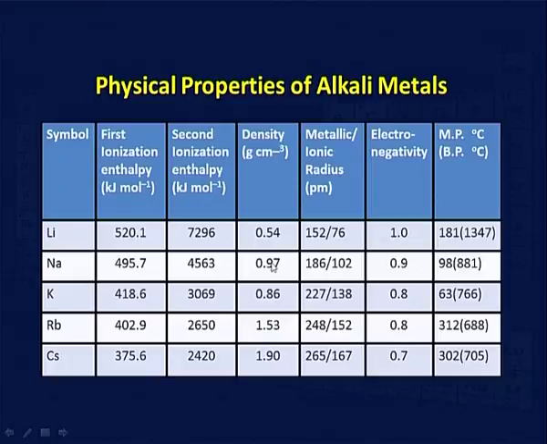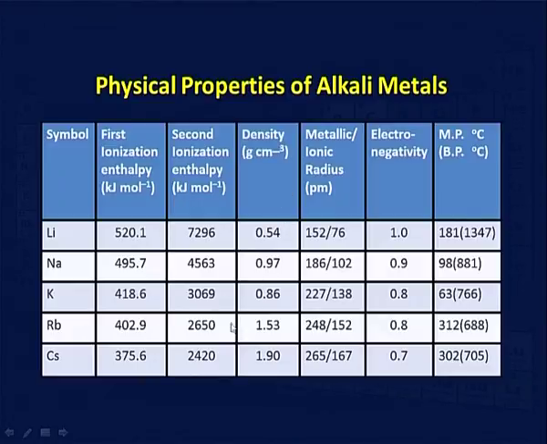You can see this 86, 97, but this is not very justifiable. There are certain things which are beyond our justification. This 0.97 and 86 are not easy to explain, but we generally have a trend, that is it increases down the group with some variation, because as I said, a group does not always obey a particular trend.